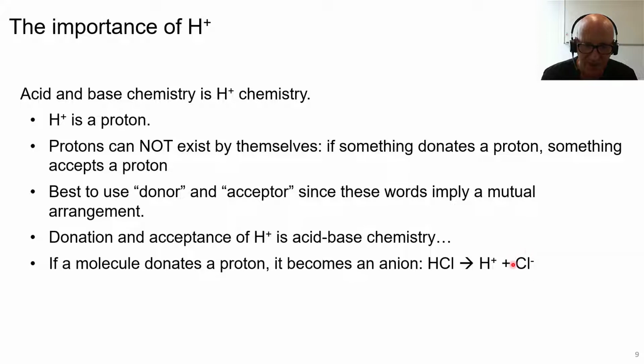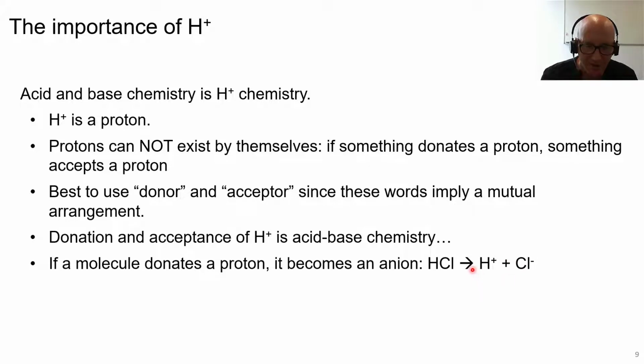That is, it has to be an anion, like this one here. So this is an acid, hydrochloric acid, and it can donate a proton. I've written it like this here. And then what's left over, of course, is Cl minus. And if you add the plus and the minus together, overall the charge is 0 again.